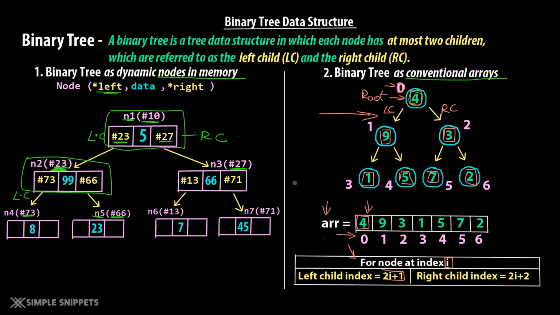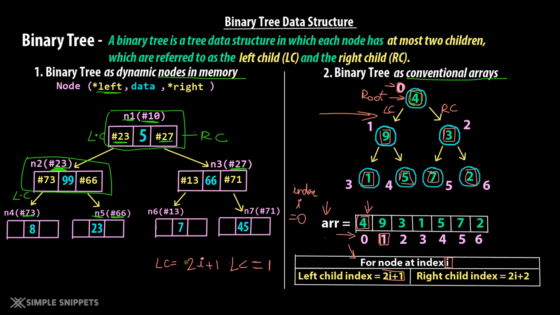So for the node at index i equals 0, the formula will be 2i plus 1 for left child. So i is 0. When you substitute 0, this becomes 0 plus 1, and for the left child you get the value of 1. So left child equals 1. It is the index position 1 where the left child is stored. So 9 is stored at index position 1.